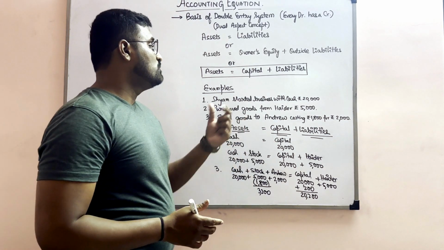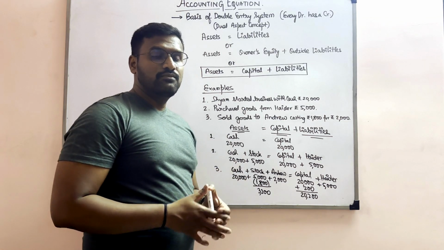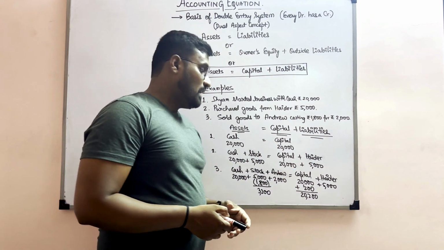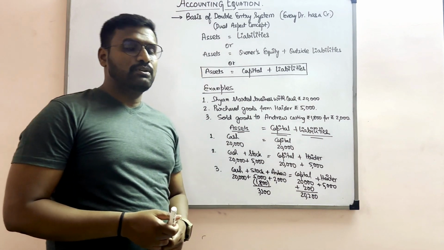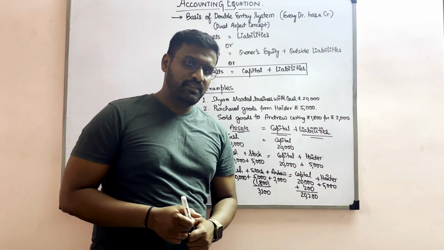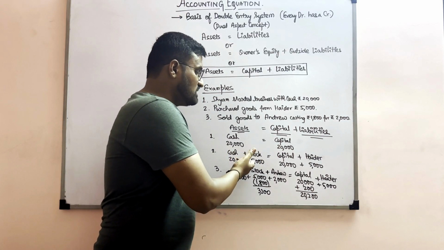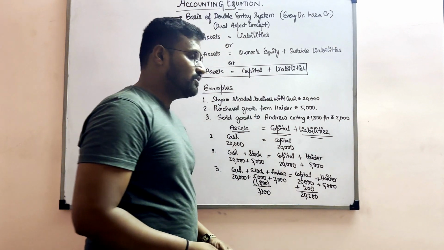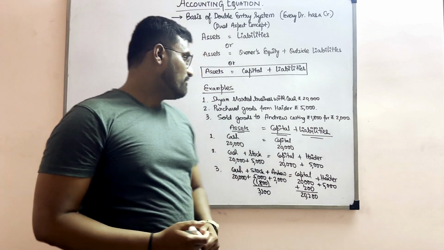Now, since these goods were bought from Heather on credit, Heather becomes a liability. We call them creditors. So, Heather is our creditor now. And beside capital, we need to write Heather as rupees 5,000 because that is an outside liability. Again, we see that the equation does tally. 20,000 plus 5,000 is 25,000. And on the other side of the equation also, we have 20,000 plus 5,000 as 25,000.